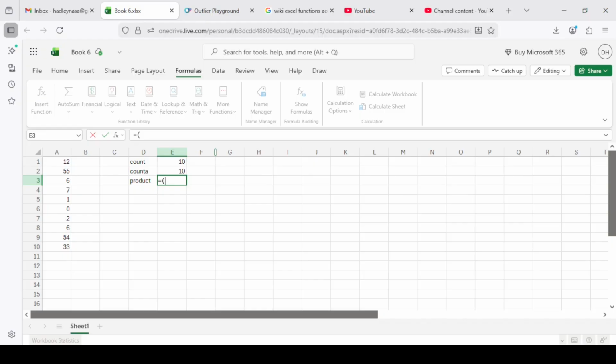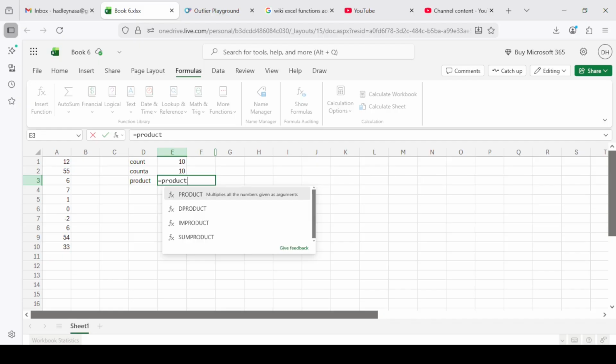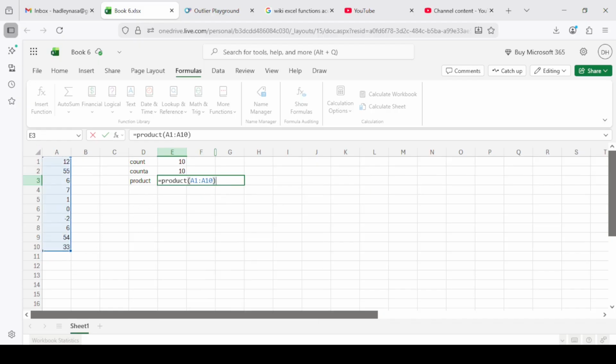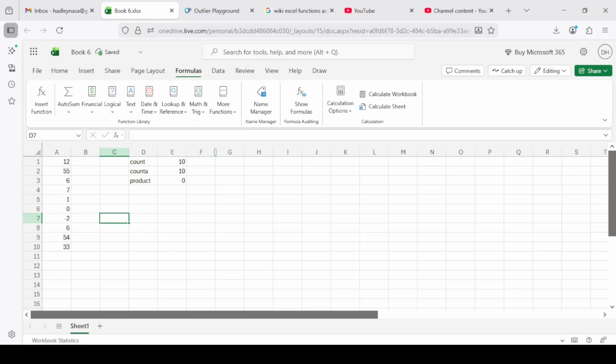So equals PRODUCT and then our array, and we should get 0 because there's a 0 in there. If I change this to 1 or 5, I'm going to get a big negative number because I have that negative. But we're going to change that back to 0 and keep it as is.